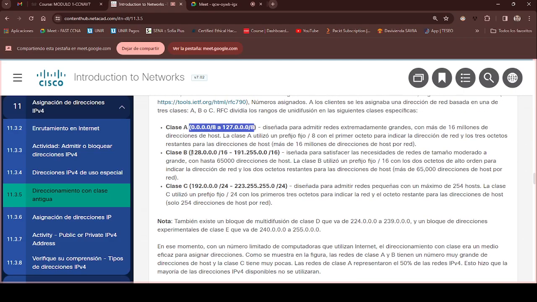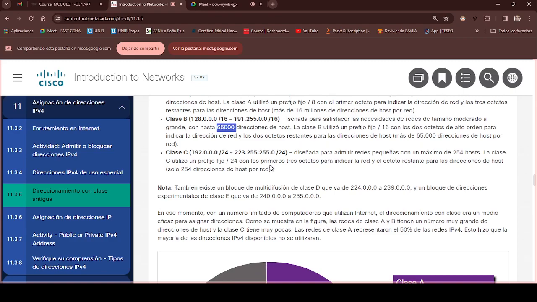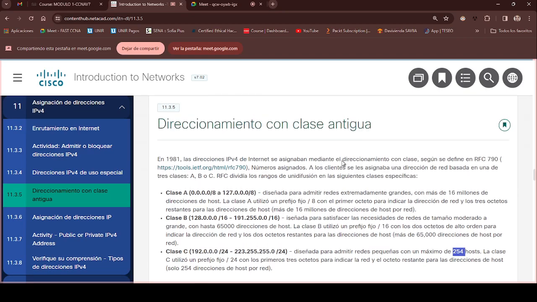La red 128.0.0.0/16, ¿cuántos equipos podía tener cada red? Podía tener 65.000 equipos en cada red que tuviéramos. Y la de /24, que era la más pequeña, podía tener 254 hosts.